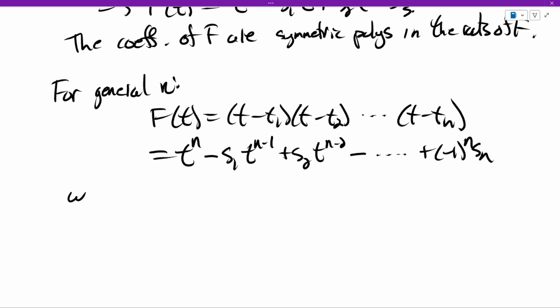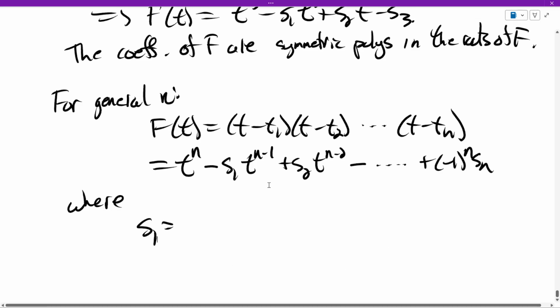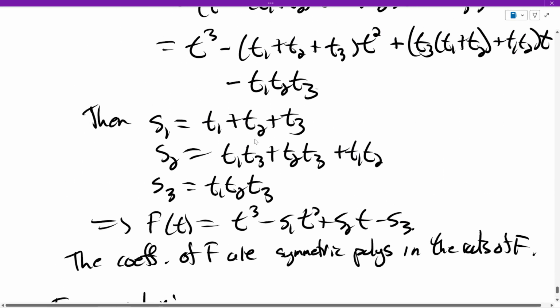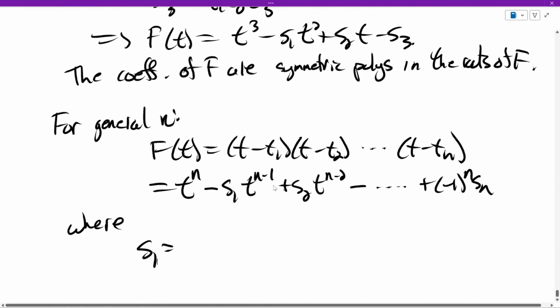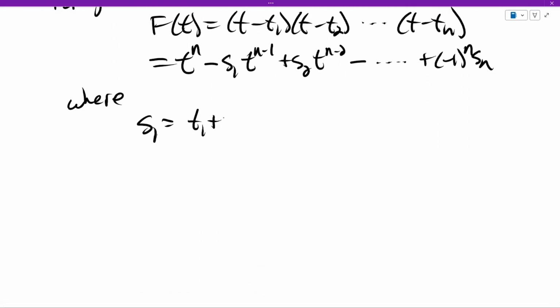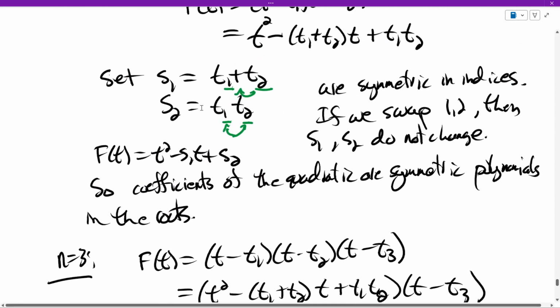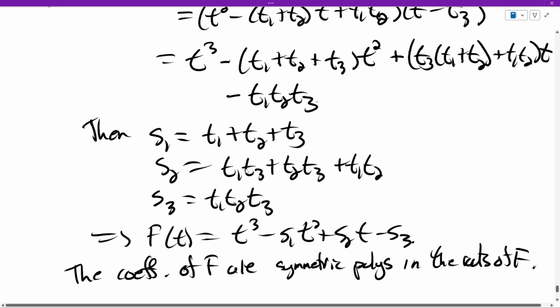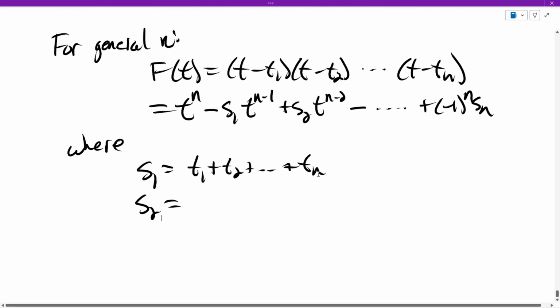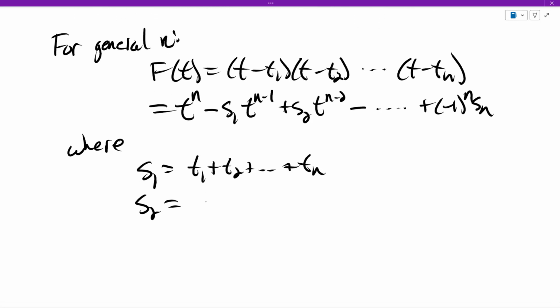All right, where S1, what was S1 in the previous case? S1 was the sum of the 3 roots, and S1 was the sum of the 2 roots. So what should happen here? Well, we should get the sum of all n roots. S2, what was that? S2 in the first case was the product of the roots, in the second case it was all pairwise products of the roots. And the same thing is going to be true here. It's going to be the sum over i less than j of ti tj.